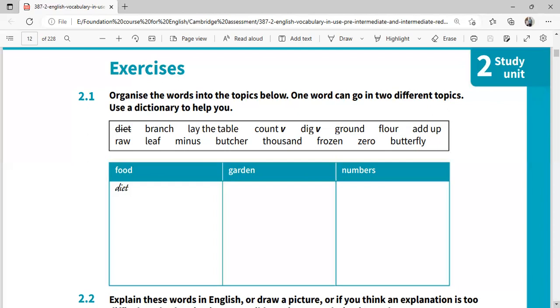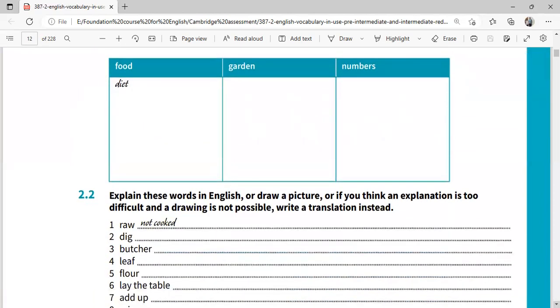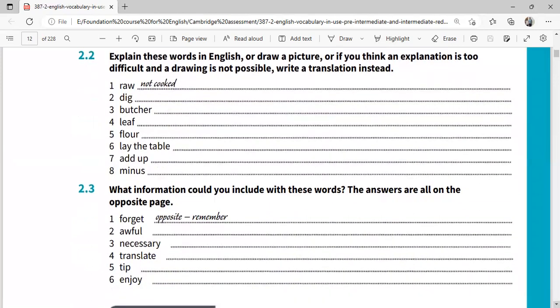Exercise 2. Explain these words in English or draw a picture, or if you think an explanation is too difficult and a drawing is not possible, write a translation instead. 1. Raw: not cooked. 2. Dig: penetrate the earth with tools. 3.